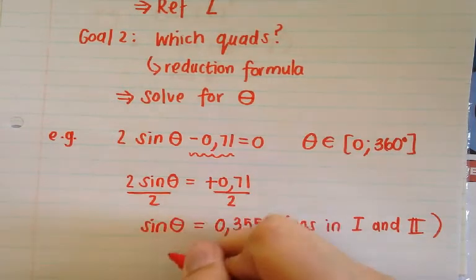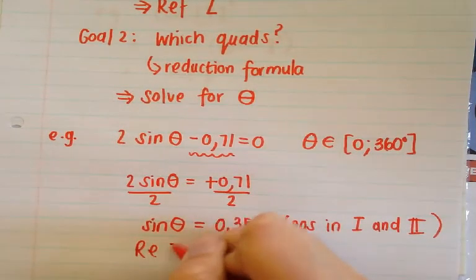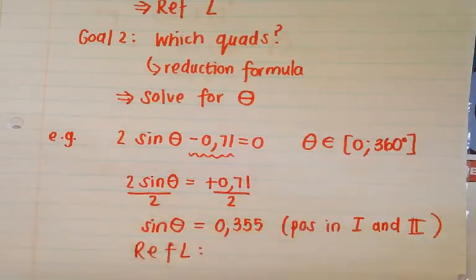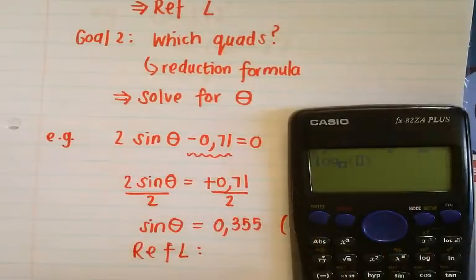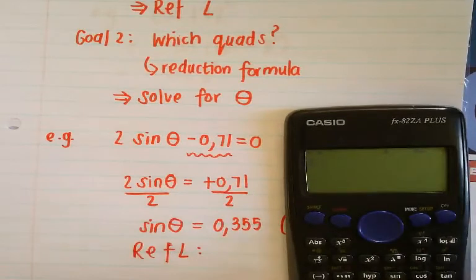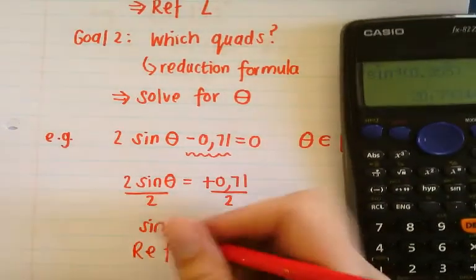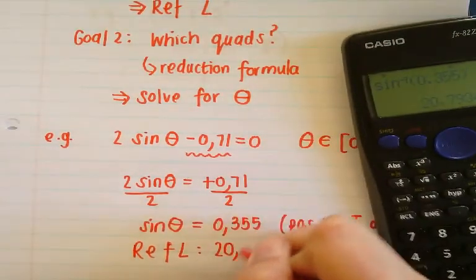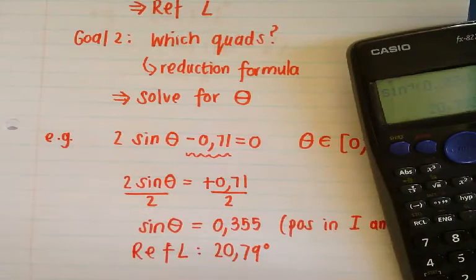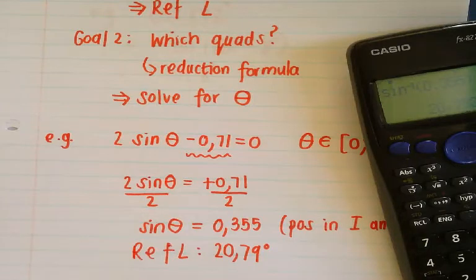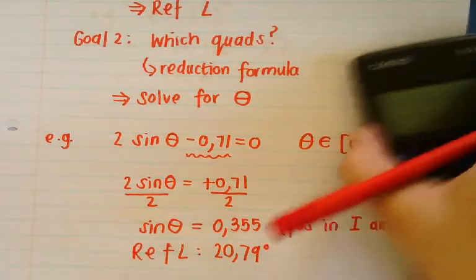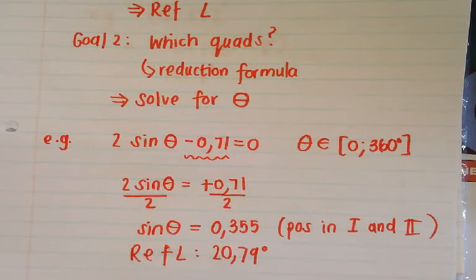So I'm going to take sine over, and it becomes my reference angle. Shift sine of 0,355, because I've taken it over, and I have a reference angle of 20,79 degrees. Now that is my reference. I'm going to use that in quadrant 1 with the reduction formula, and I'm going to use that in quadrant 2 with the reduction formula.